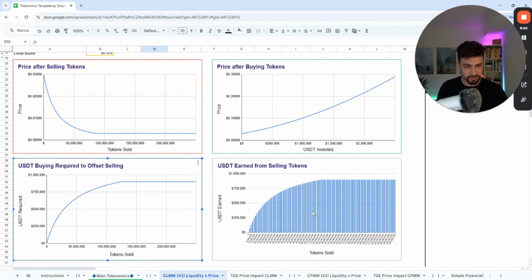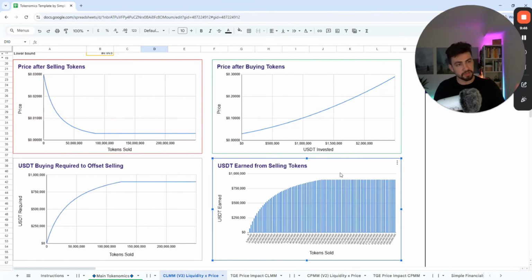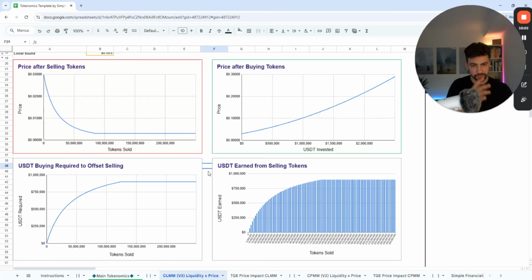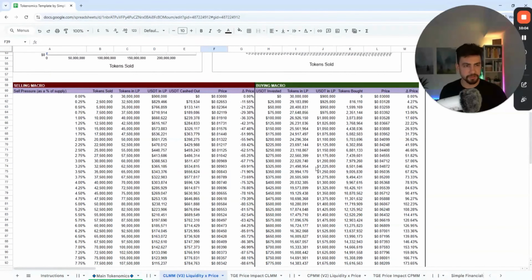As you can see here, it's the same chart as this, but just the inverse, right? So on the flip side, if you're selling, let's say 50 million tokens, there you go, then you cash out 660 grand. So it just highlights the buy pressure needed and how much money you can actually make from selling tokens. And the data is coming from this.